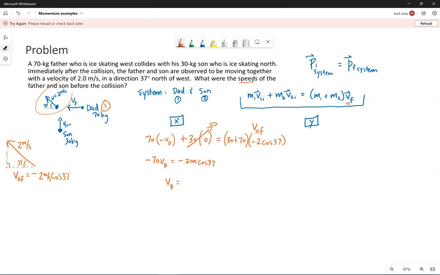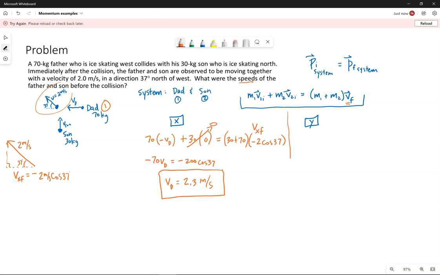Oops, put that in wrong. I'll try that again. 200 cosine 37 divided by 70. 2.28, so we have 2 sig figs maybe, so 2.3 meters per second is how fast Dad is ice skating at that moment. Meaning the moment right before he collides into his son, right before he picks up his son. That's considered a collision, even if he's picking him up.